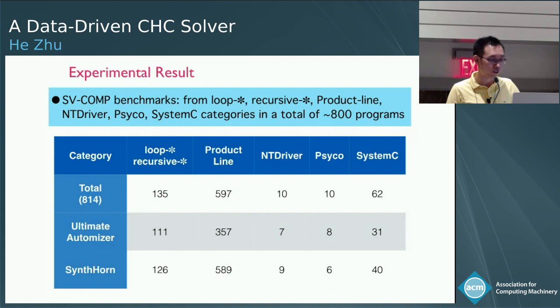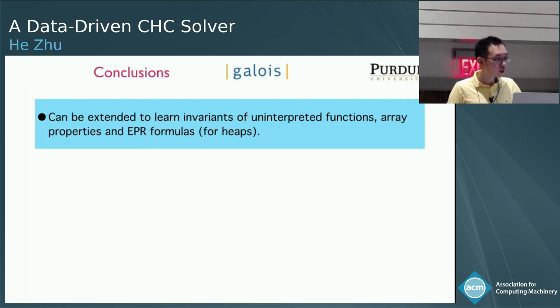Although we are comparable to Ultimate Automizer, the question is, what else can we offer? We believe the data-driven verification approach developed in our work has just scratched the surface.